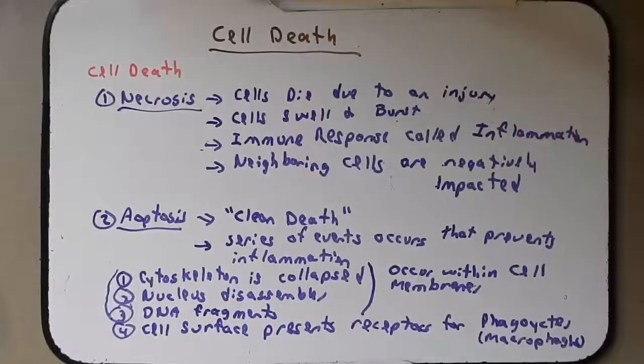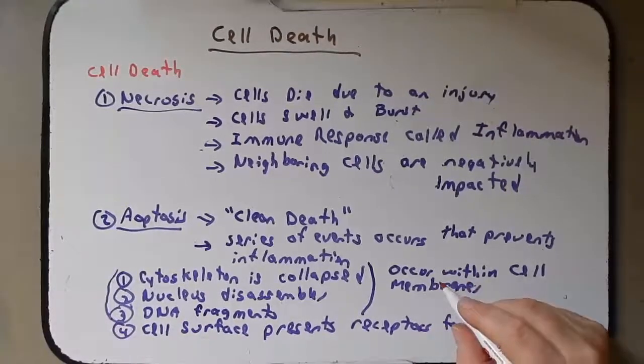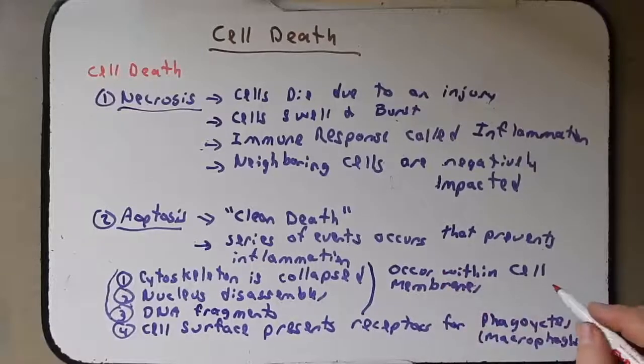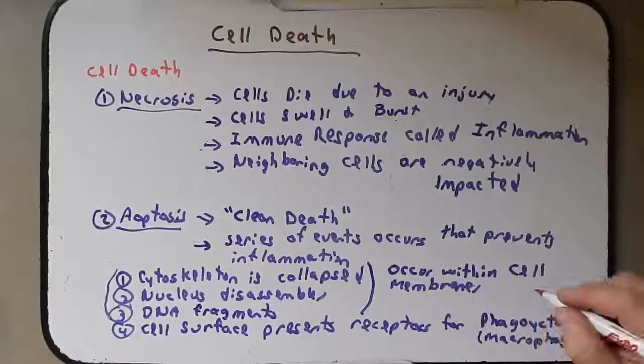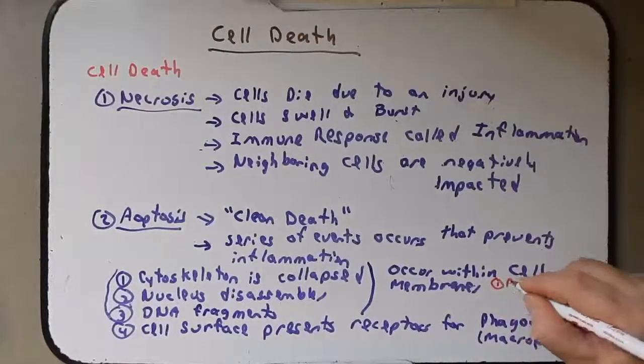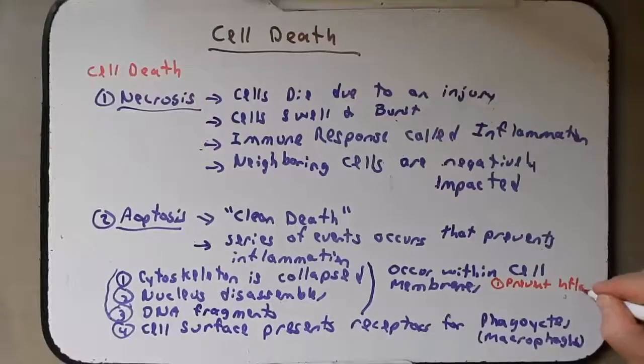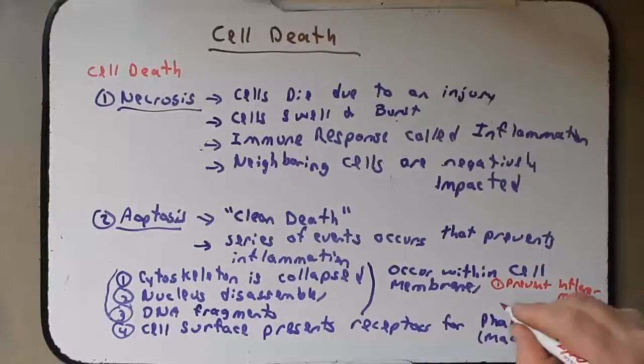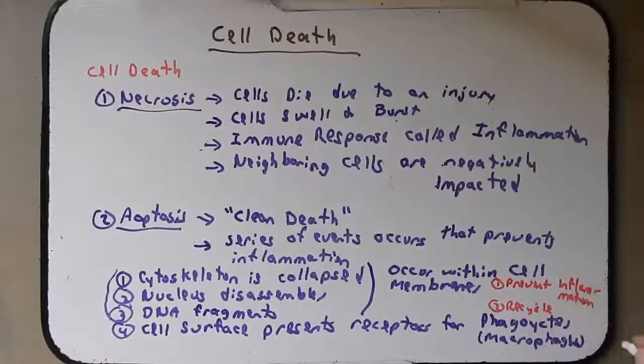So let's write that down. By having these phagocytes engulf and digest these blebs of membranes containing the cell components, we prevent inflammation, and we also recycle the cellular components.